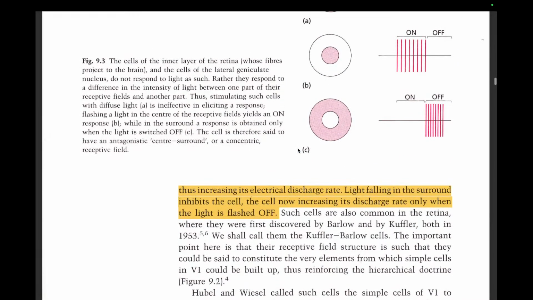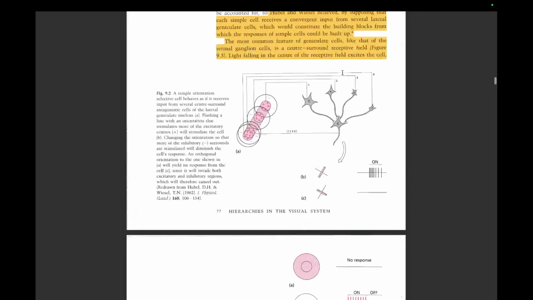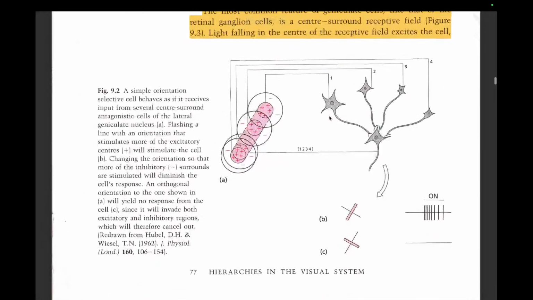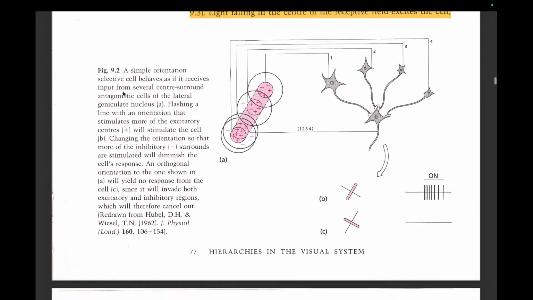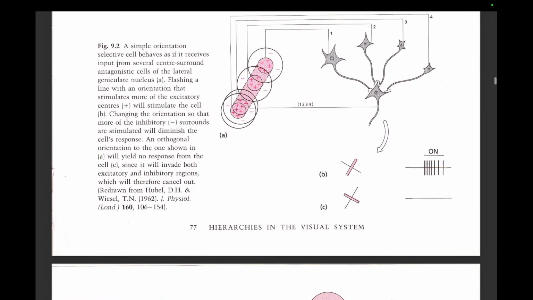So these are the diagrams that will help us understand a bit more. These are your neurons here. These are the receptive fields being shown on the eye. Okay, so on, off, and the orientation of the light. So a simple orientation selective cell behaves as if it receives input from several center-surround antagonistic cells. What does that mean?